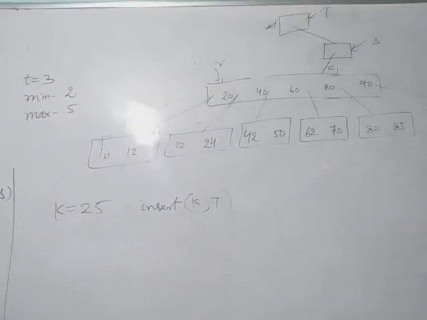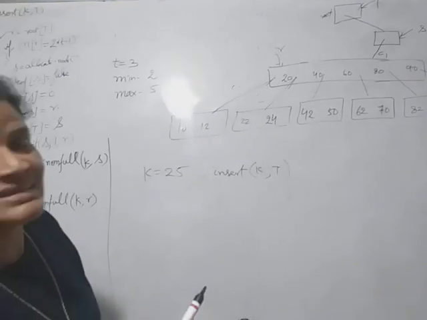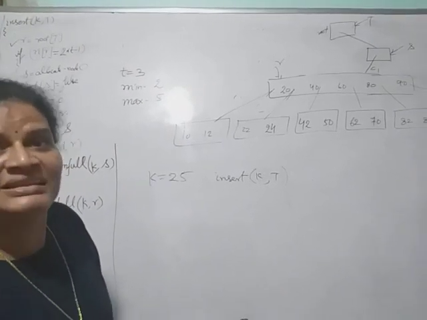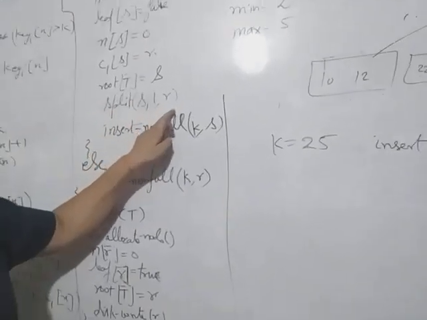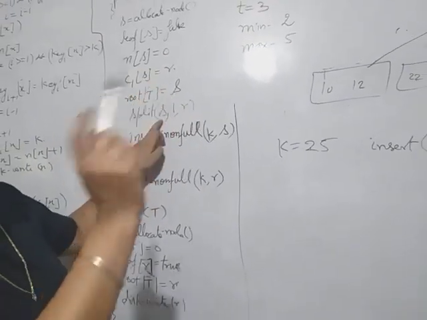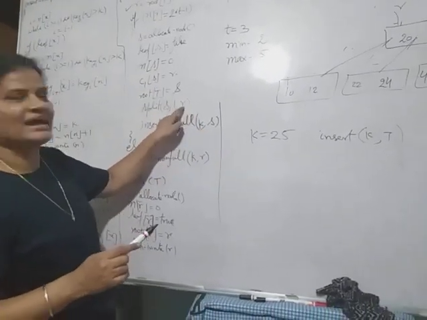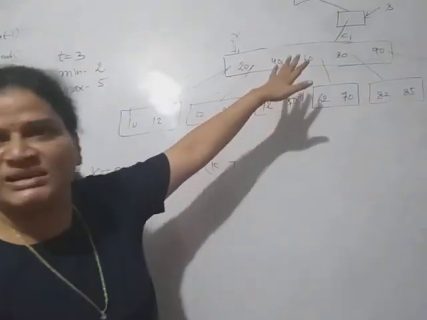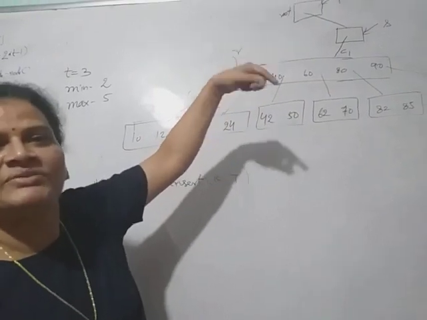Now carefully see, the first child of S, which is R, is full. So here the split function is called, split S, 1, R. S is simply the node which does not contain any element, and 1 is the first child R. What does the split function do? The split function splits this node into two parts, and the tth key will be shifted up.